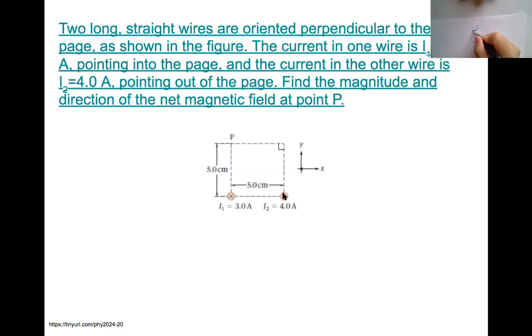So it's going to be in this direction, perpendicular to this diagonal line. This will be B2. So you have B1 by I1 and B2 by I2, and your overall B is going to be equal to B1 plus B2 in vector form.